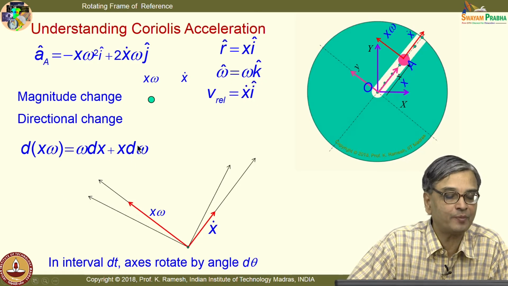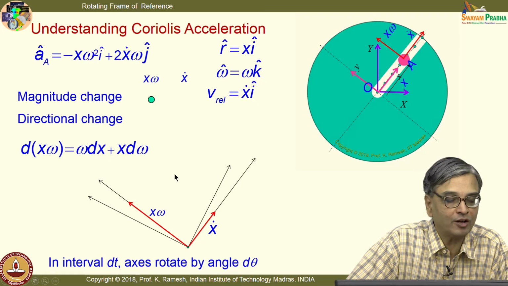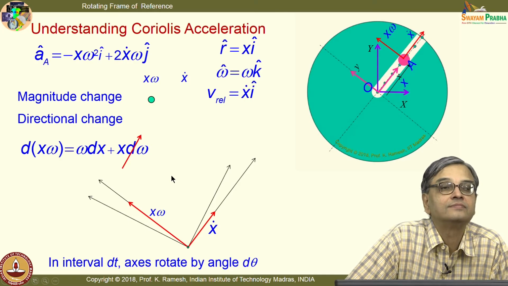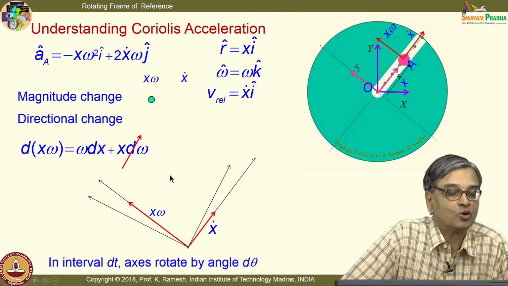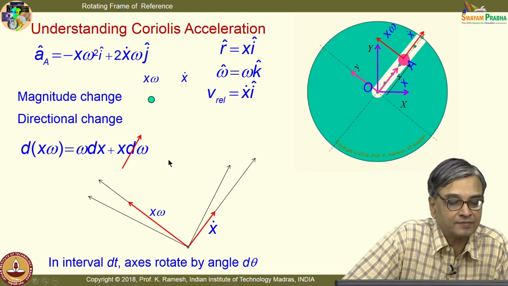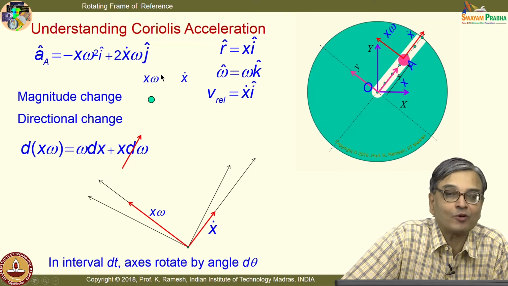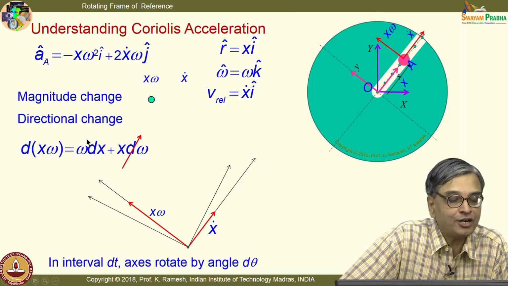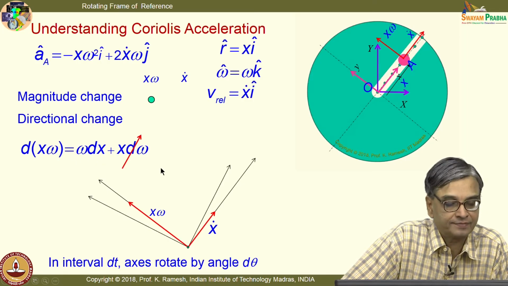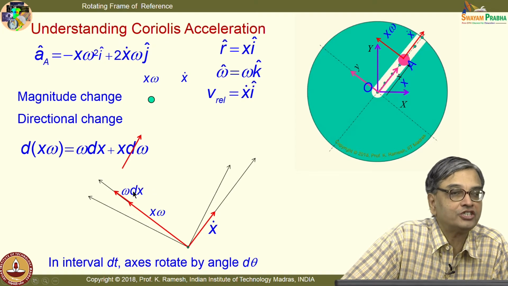I cannot have d omega, so d omega goes to 0. So, the component of velocity x omega has a magnitudinal change of the value omega dx. So, I have this omega dx as the magnitudinal change.